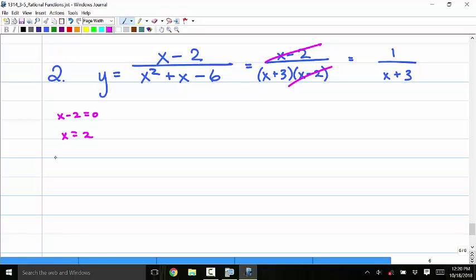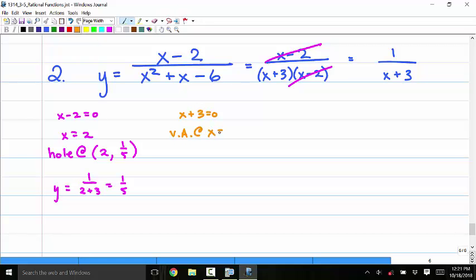Okay, where is the hole? At x equals 2. What's the y value going to be? Y is going to equal 1 over 2 plus 3. So there's a hole at 2, 1/5. Everything else remaining in the denominator after I cancel common factors, x plus 3 equals 0. That's going to be a vertical asymptote at x equals negative 3.